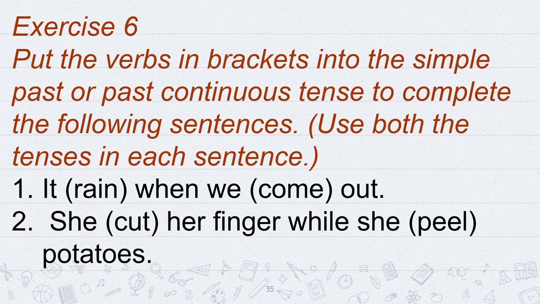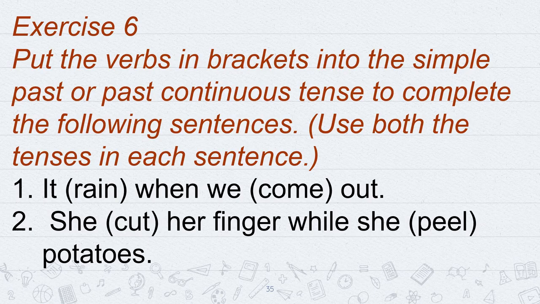Now, this is your exercise number 6 given on page number 53 of your book. The exercise is: put the verbs in brackets into the simple past or past continuous tense to complete the following sentences. Use both the tenses in each sentence. The first sentence is: it in bracket rain when we in bracket come out.